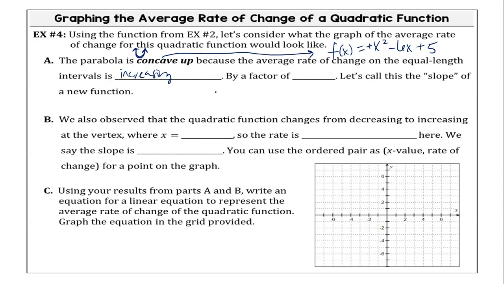How is it increasing? Well, we already did it. What did we say on example 2? How is it increasing? By 2, right? So we said that our values were increasing by 2. We added 2 to each one of our numbers on our parabola, right? To go from one y to the next. Okay, we're going to let this be the slope of a new equation.